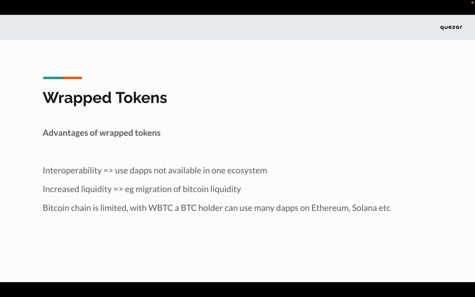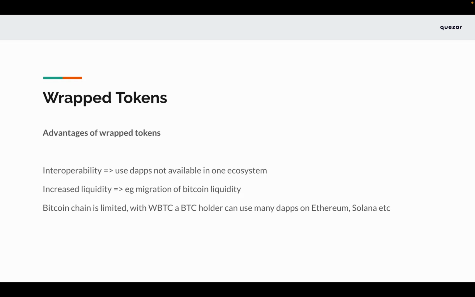So, we'll take the example of Bitcoin for this. The Bitcoin chain has great pools of liquidity, but the chain by its very design is limited in its nature because it's just a store of value, it's just a ledger of transactions. You cannot deploy any smart contract there, you cannot build many dApps there. There are some modifications being added to the chain, and dApps or NFTs are possible in some way. But the core architecture of the Bitcoin chain wasn't designed for that purpose.